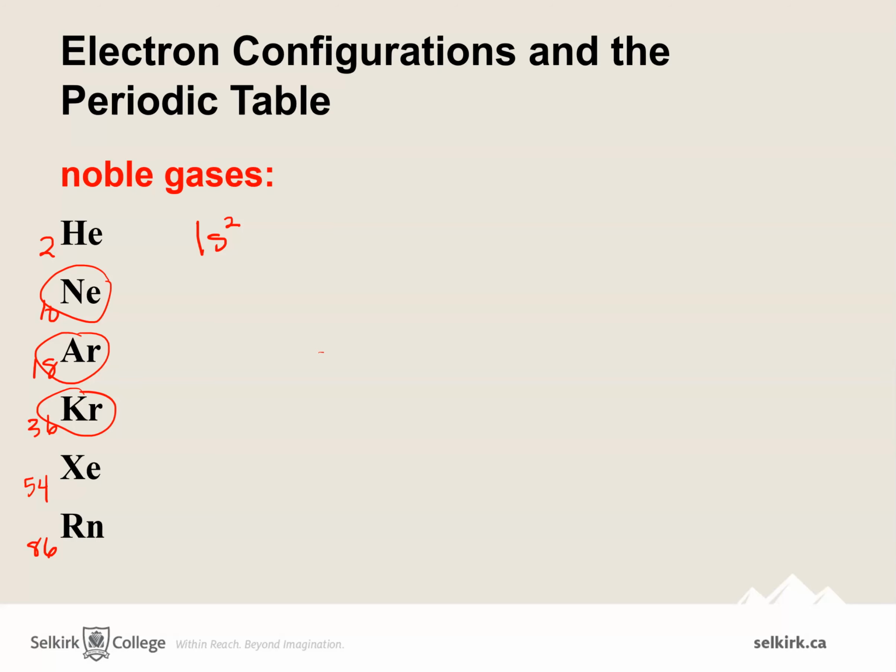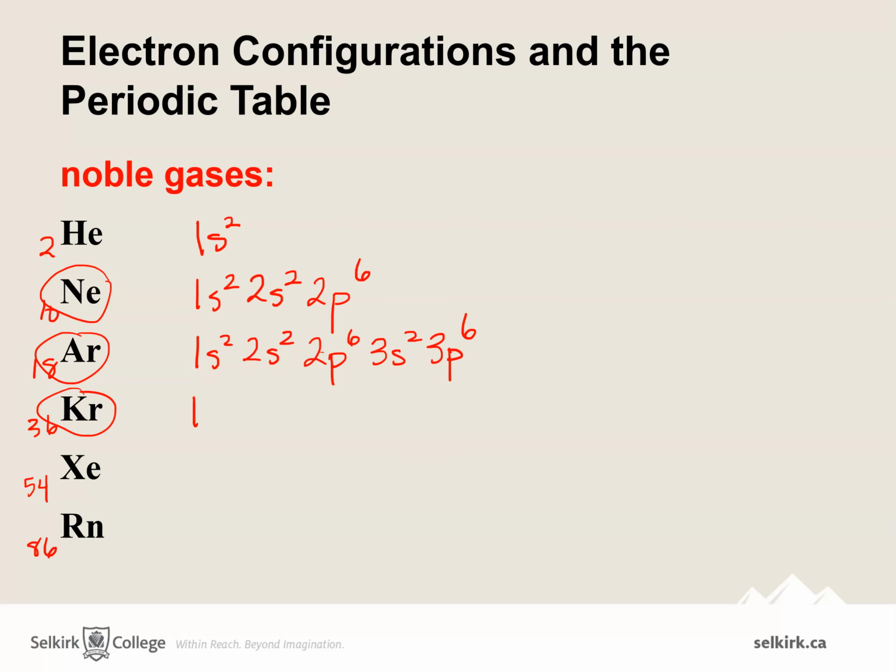All right, neon with 10 electrons: 1s2, 2s2, 2p6. Argon: 1s2, 2s2, 2p6, 3s2, 3p6.